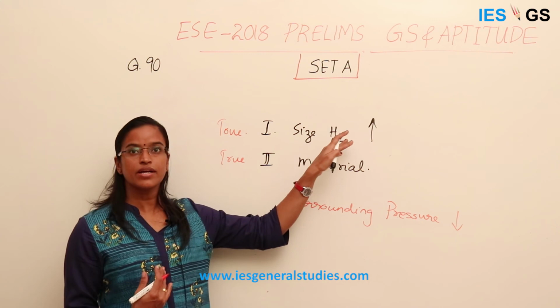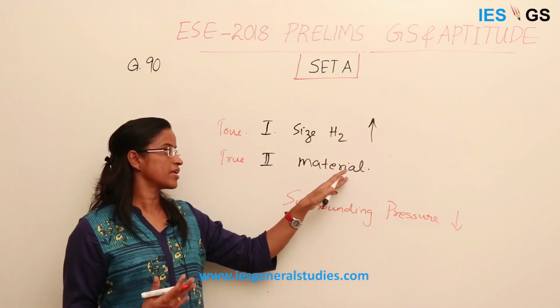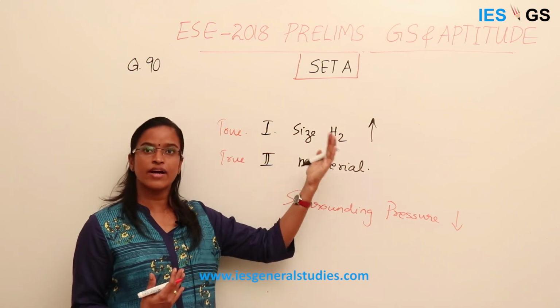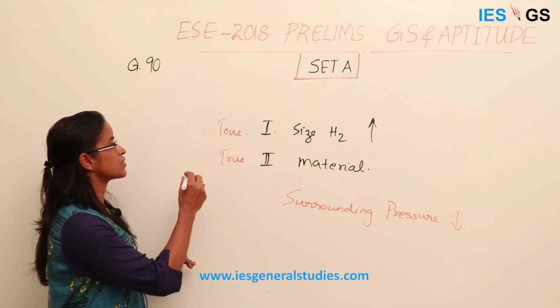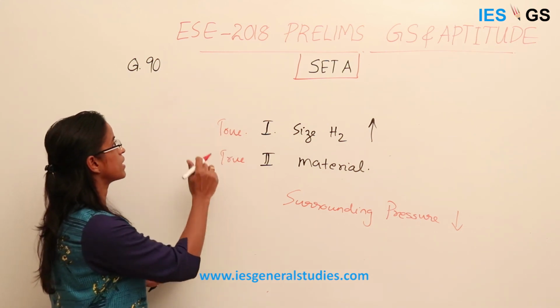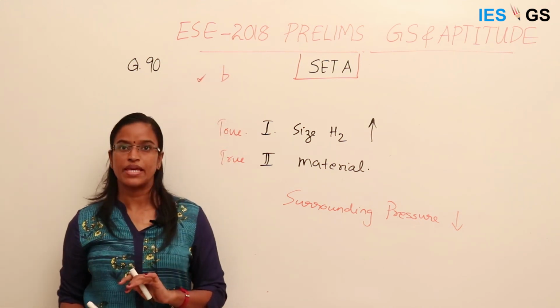That's why the size of the balloon increases, not because that the material is stretchable. If material is not stretchable, it would have exploded, but that expansion will invariably happen. So the statement 1 and 2 are independently true, but there is no link, so the option is B.